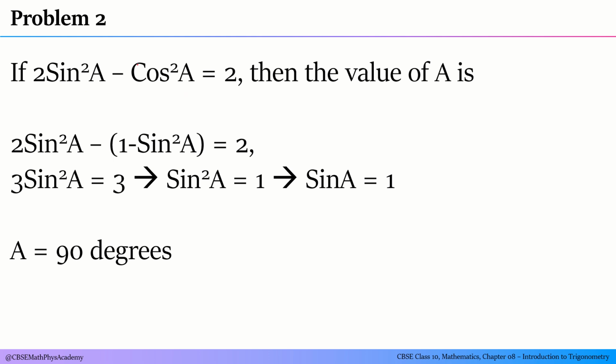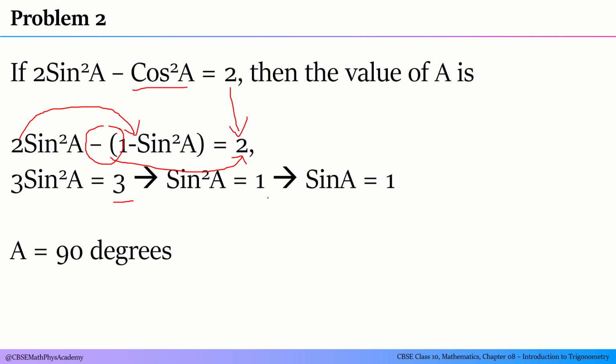So what I'm going to do is, this is trigonometric identity 1. In place of cos square A, I'm going to substitute 1 minus sine square A. 2 sine square A minus 1 minus 2 sine square A equal to 2. Minus into minus becomes plus, so it becomes 3 sine square A equal to, the minus 1 goes to the other side, 2 plus 1 is equal to 3. 3 sine square A is equal to 3.